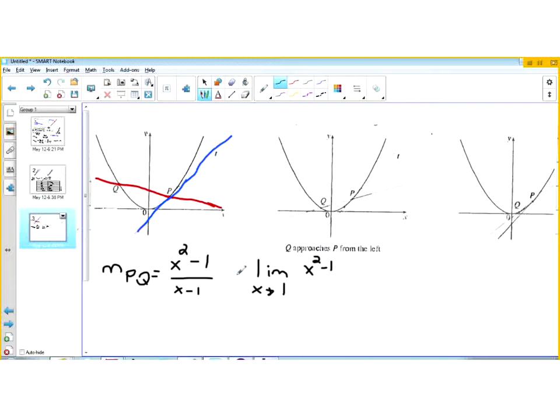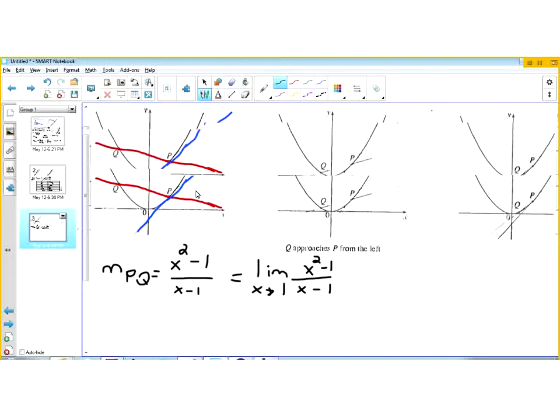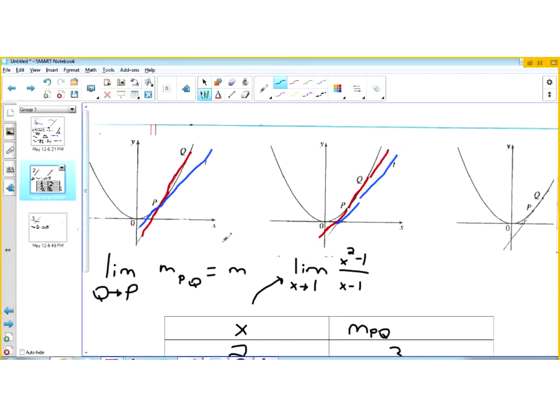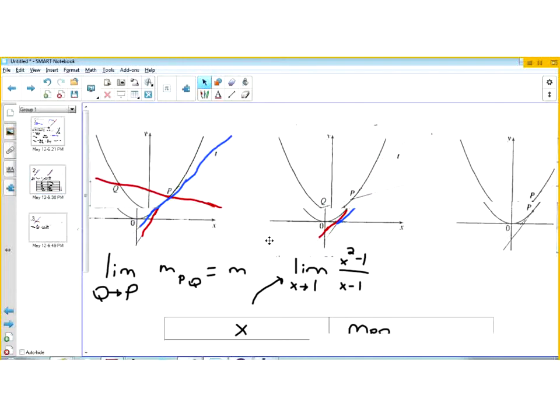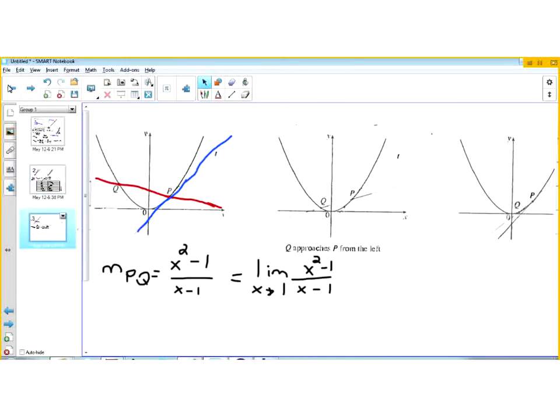Okay? And so, divided by x minus 1. So we're going to build another table this time. Let me see if I can copy this table. Nope, I guess not. I'm not going to mess with it.